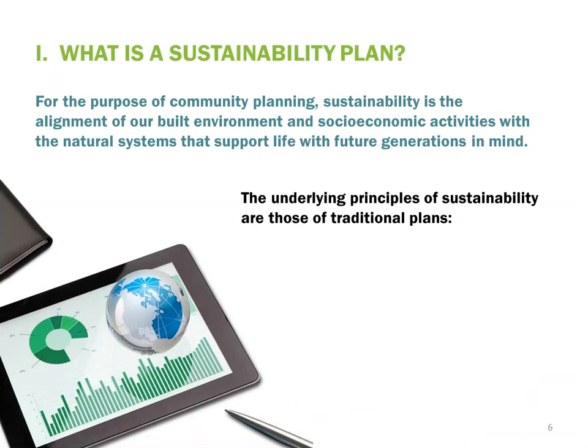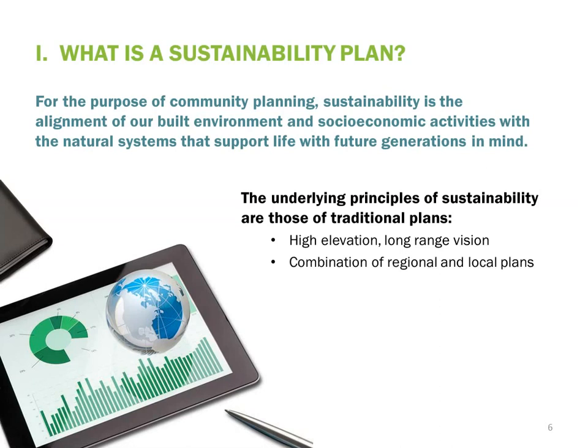Well, for the purpose of community planning, sustainability is the alignment of our built environment and socioeconomic activities with the natural systems that support life, with future generations in mind. The underlying principles of sustainability are those of traditional plans. It's a high-elevation, long-range vision document, similar to that of a general plan.